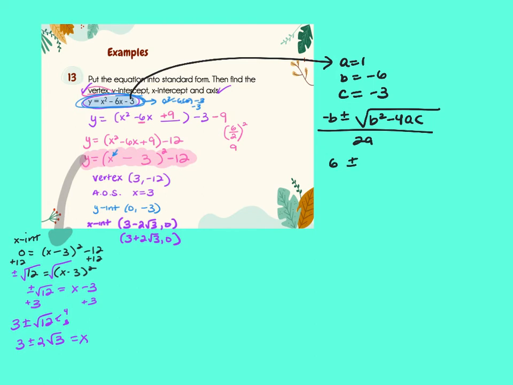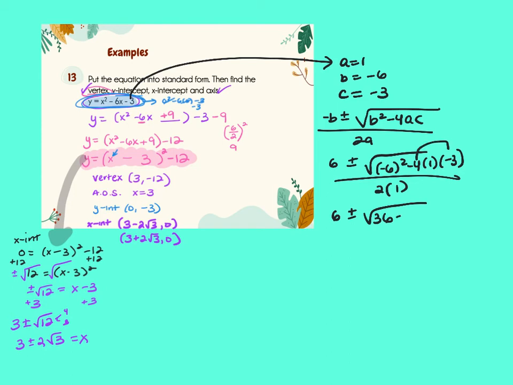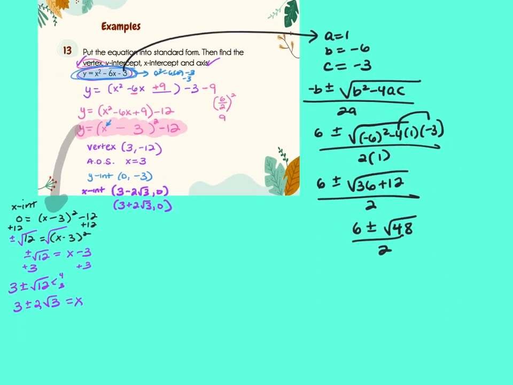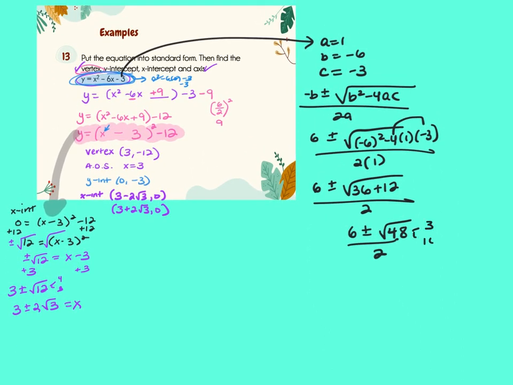Negative B is 6 plus and minus the square root of negative 6 squared minus 4 times A times C, all over 2 times A. 6 plus and minus the square root of 36, negative 4 times negative 3 is positive 12, over 2. 6 plus and minus square root of 48 over 2. 48 is 3 and 16, so 6 plus and minus 4 root 3 over 2, which becomes 3 plus and minus 2 root 3. Same answer, different method.